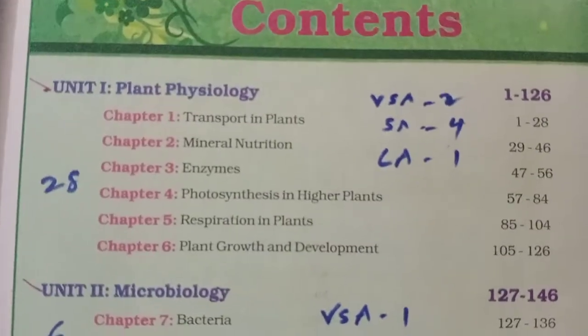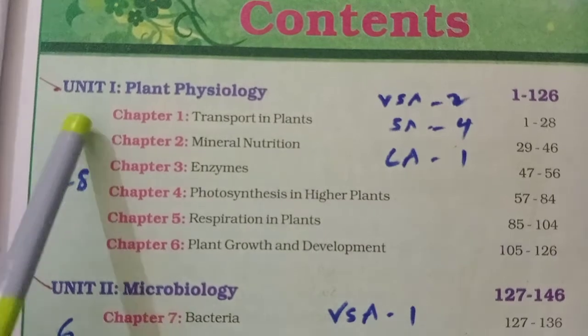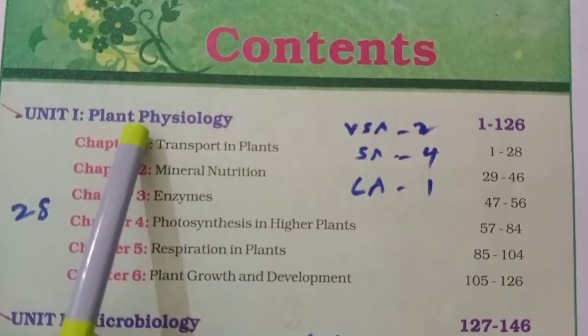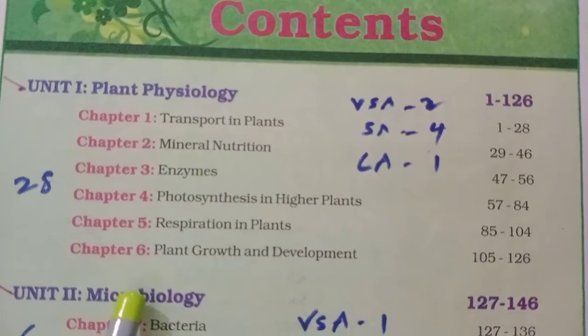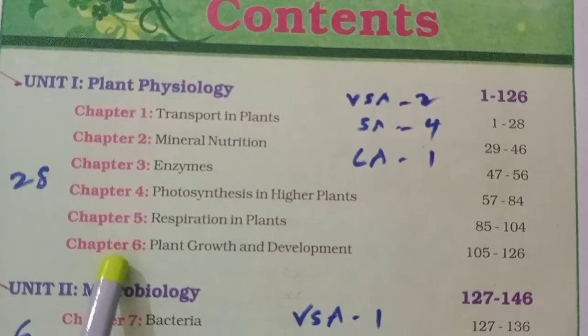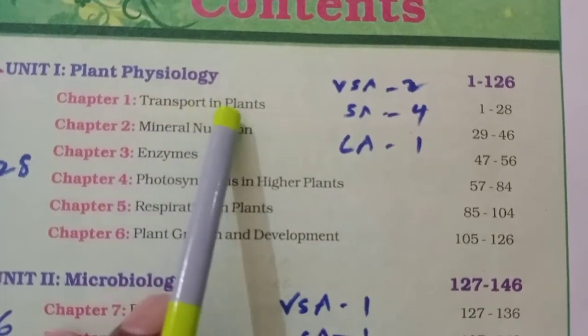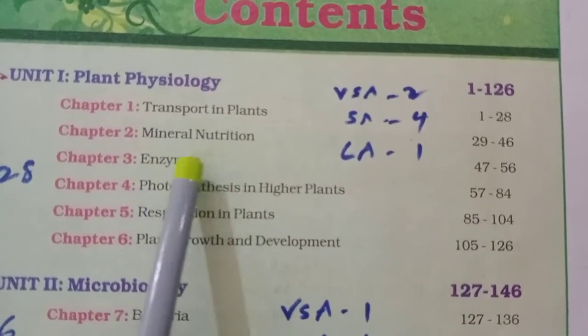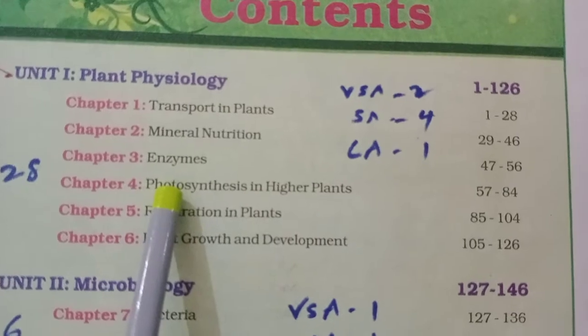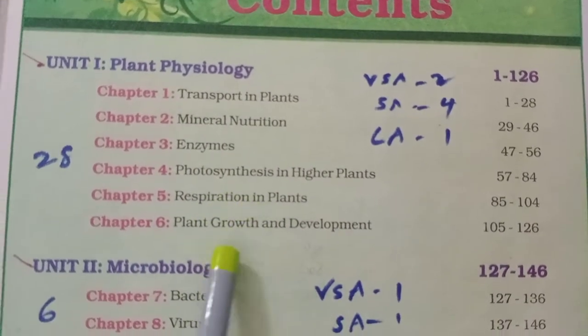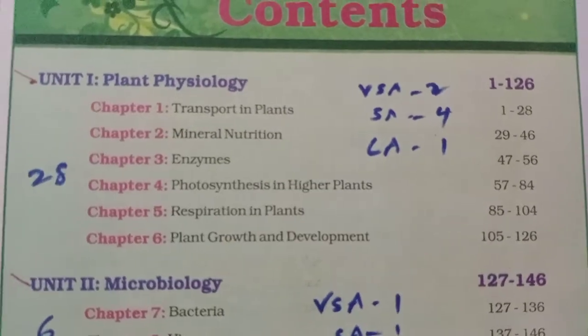So let us go to the first unit. The first unit is plant physiology and it has 6 chapters. How many chapters? 6 chapters. Transport in plants, the first chapter, mineral nutrition, enzymes, photosynthesis in higher plants, respiration in plants, and plant growth and development.